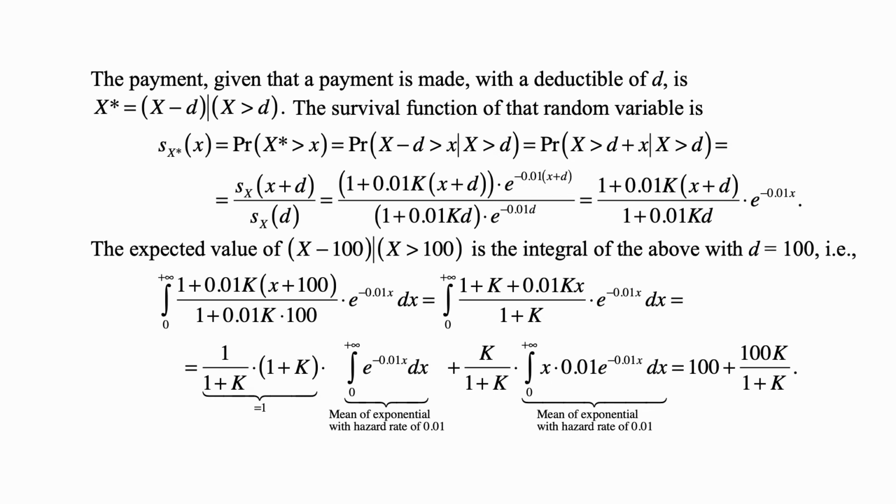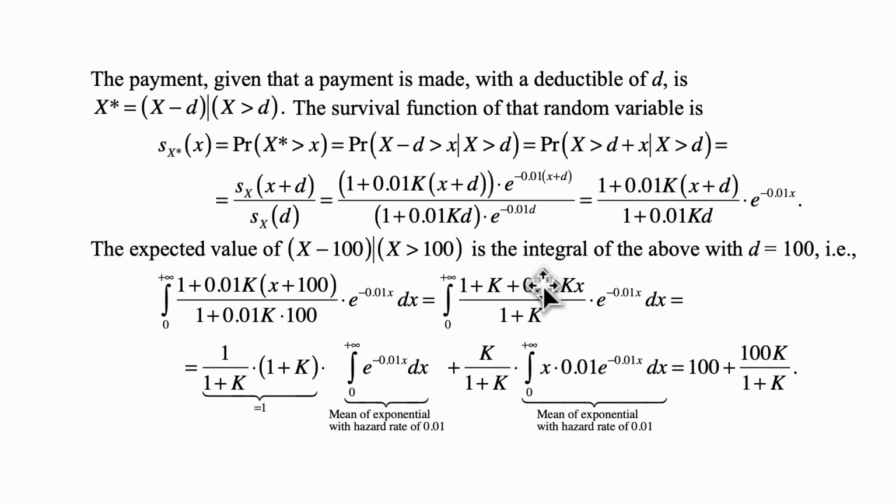And that's equal to, well, we factor out 1 over 1 plus k. Actually, we split this into two pieces. The first piece has (1 plus k) over (1 plus k) times e to the minus 0.01x. That's what you see here. And of course, this is the mean of an exponential random variable with hazard rate of 0.01, because it's the integral of the survival function of that random variable.